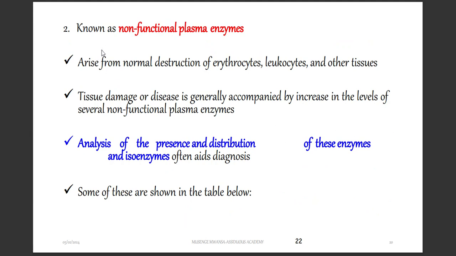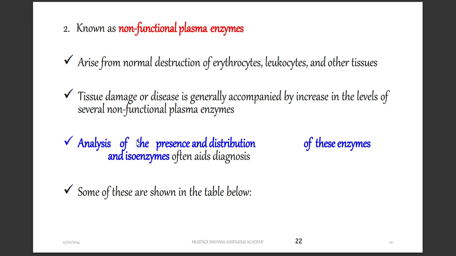Others are known as non-functional plasma enzymes. These ones arise from normal destruction of red blood cells and other tissue. So when you destroy normal red blood cells, those are going to be non-functional plasma enzymes. They are not really that necessary.